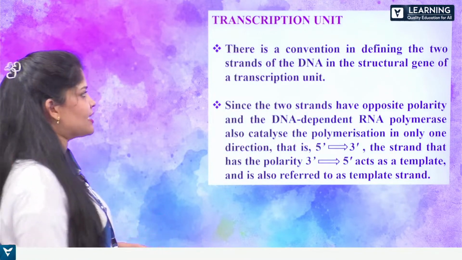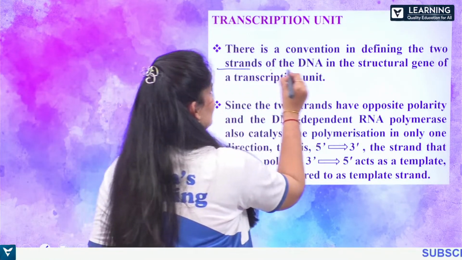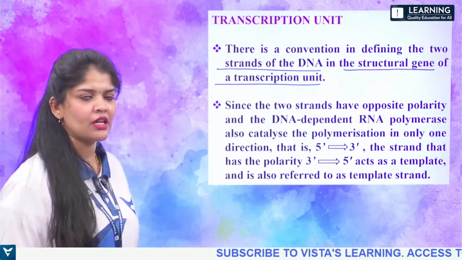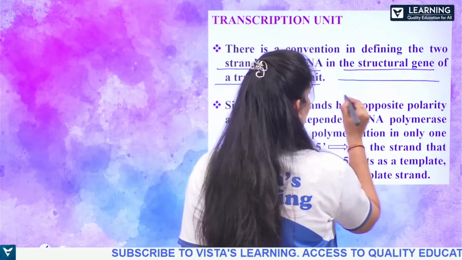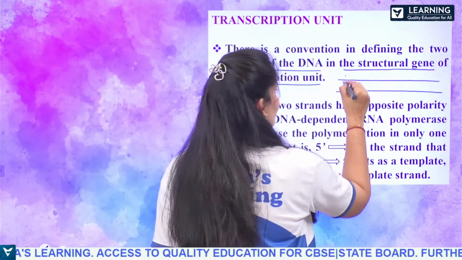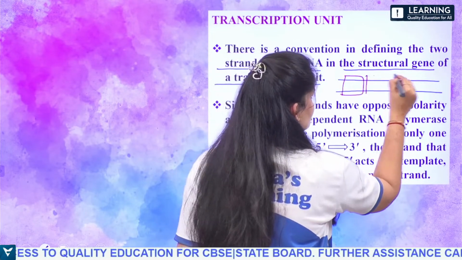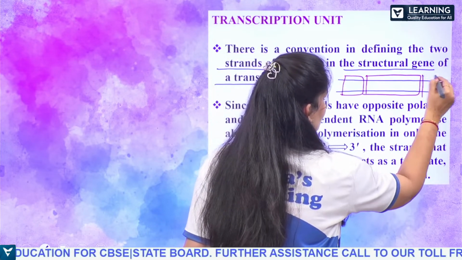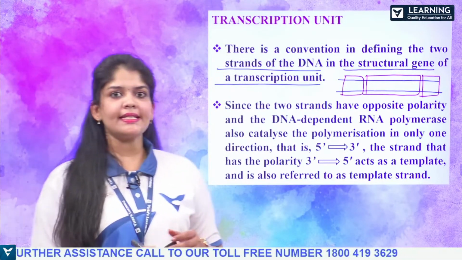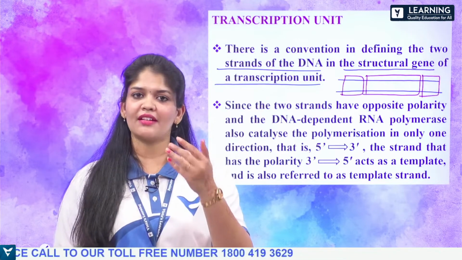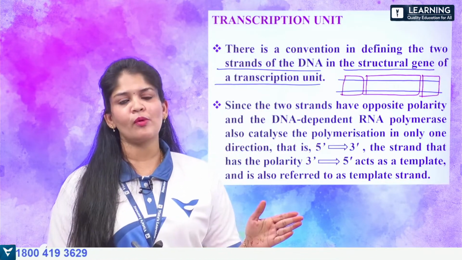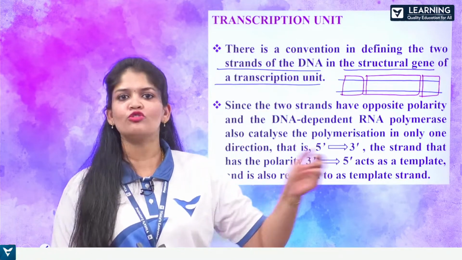There is a convention in defining the two strands of DNA in the structural gene of a transcription unit. Just now we said that this is a segment of the DNA where we have promoter, structural gene and terminator. While discussing replication of the DNA, we mentioned that the direction of polymerization is always 5' to 3'.